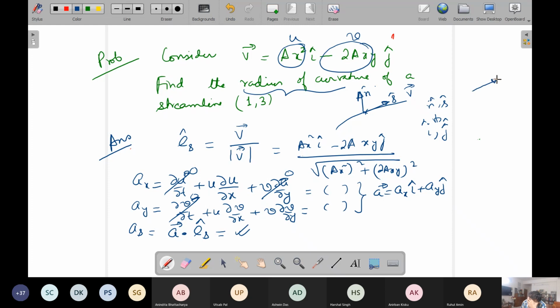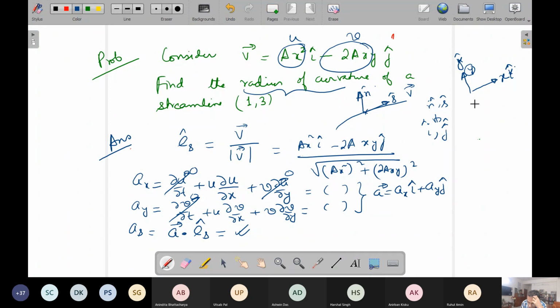Just think as if S is X and N is Y. Then the unit vectors are I, J, and K along Z. The Z direction is the same even here because Z is perpendicular to the plane.